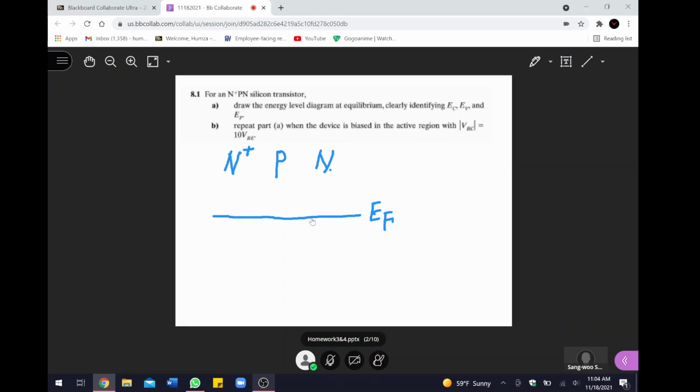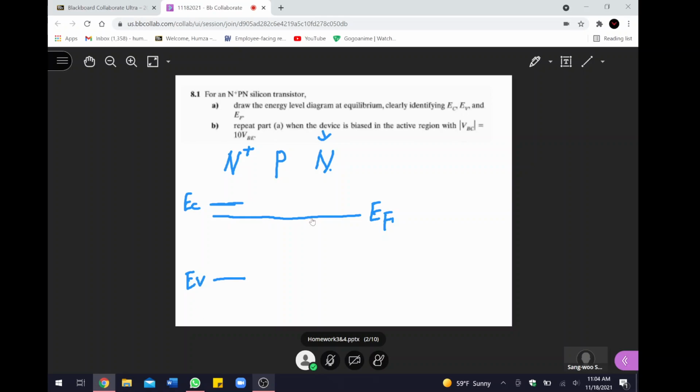On the emitter side, if I draw the N plus, let's say this is the EC, close to the EF, and then we can draw the EV this way. Now the collector side is also N, but compared to the emitter it is lower doped.